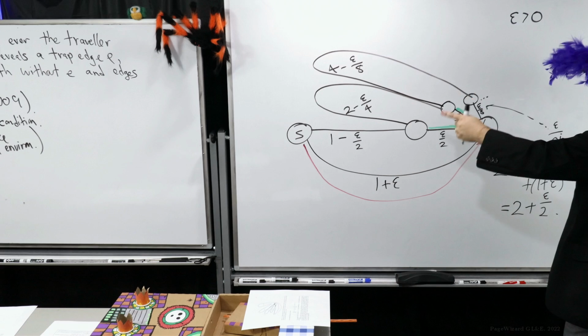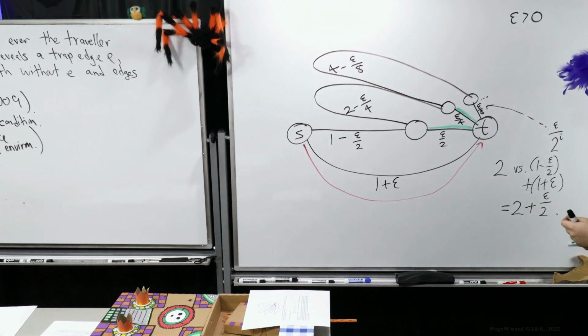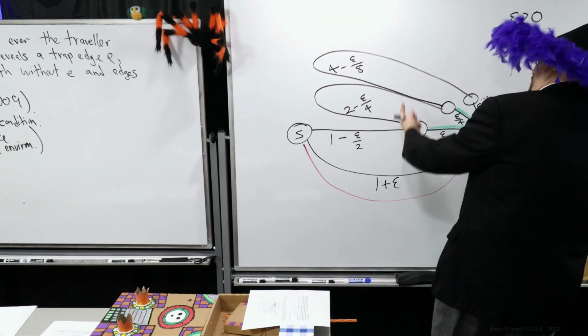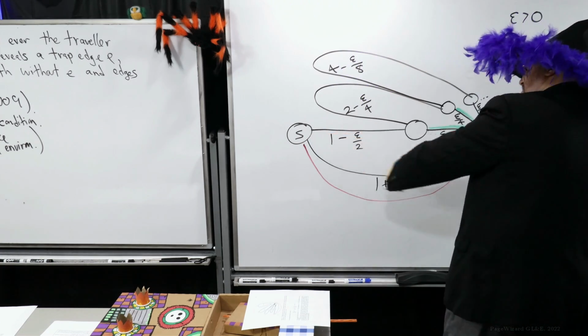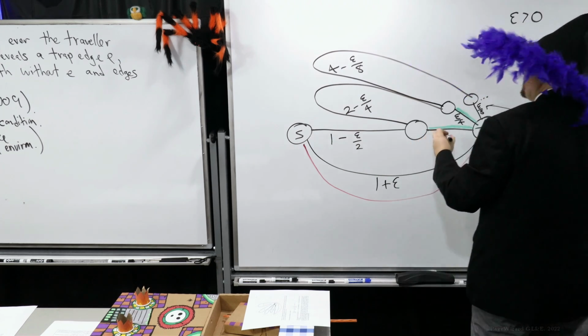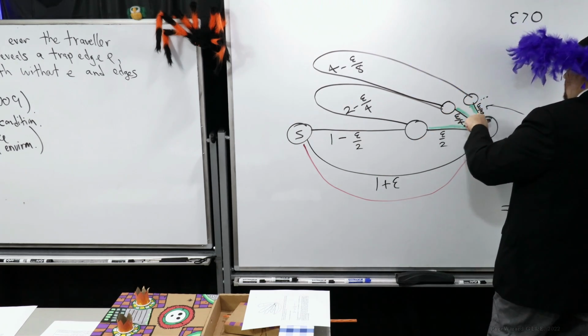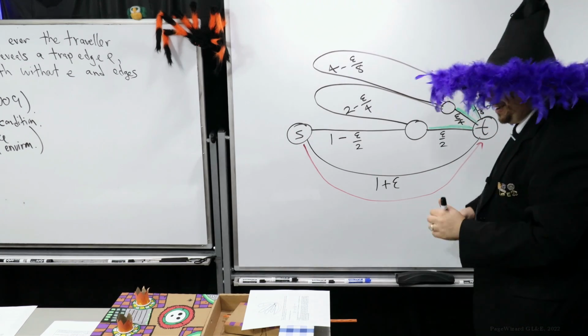And you could show that the alternative route will always take the form of some power of 2 plus epsilon over that power of 2. So you would always want to go this way, not go back to S and through the red path. So we're going to put a trap edge here, and you're going to repeat this process.